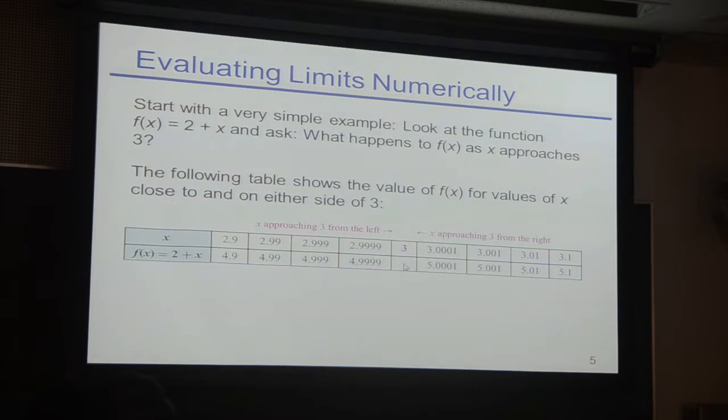How do you guess what the answer should be? What I mean by that is, if you looked at values close to 3, is there a pattern that would lead you to make a certain guess at 3? And if there is a pattern, and you can make a certain guess at 3, you would say that's probably what the limit is at 3.